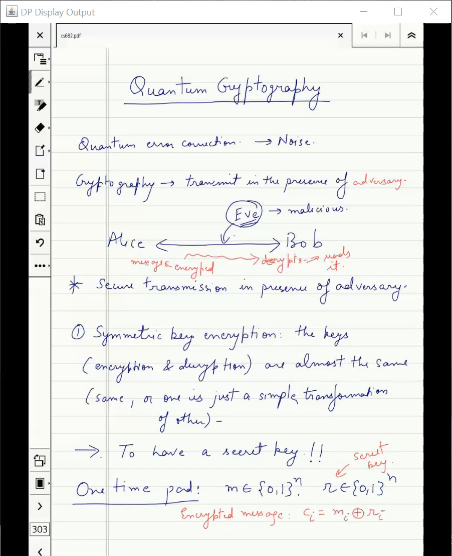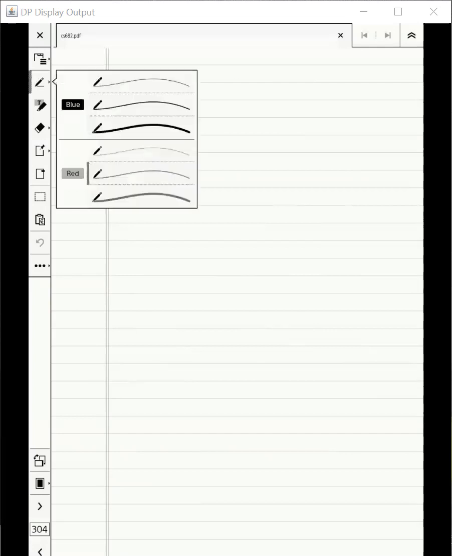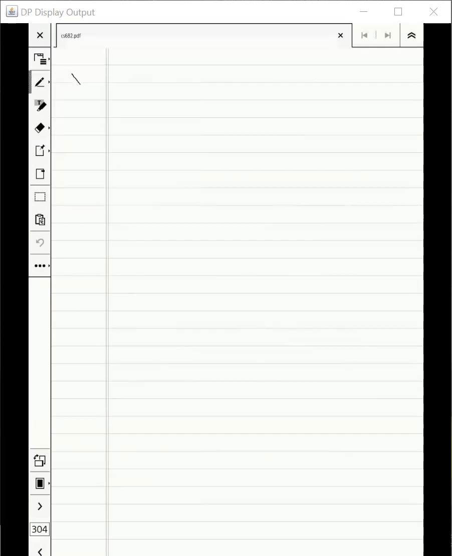And why is this a good encryption? Why did we think of XOR? Anyone? Because it can be easily decrypted just by taking XOR again. Okay. The question is, why did we use XOR?